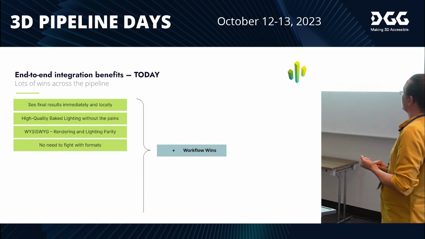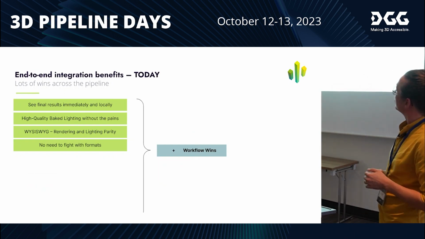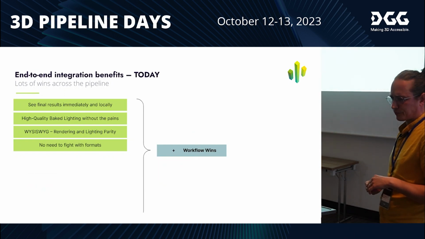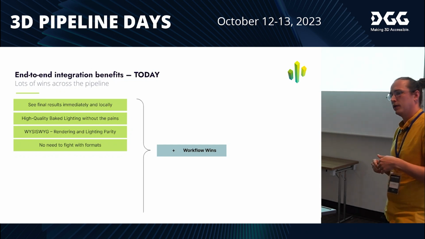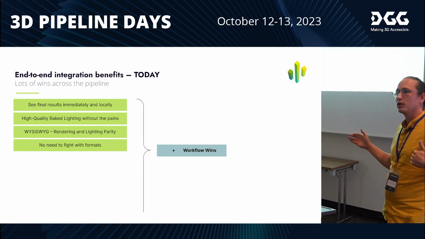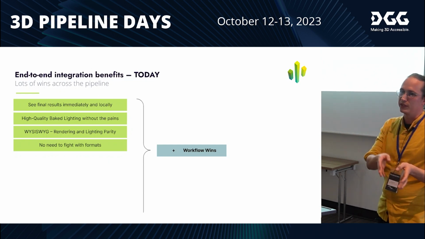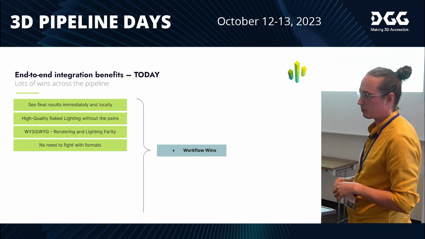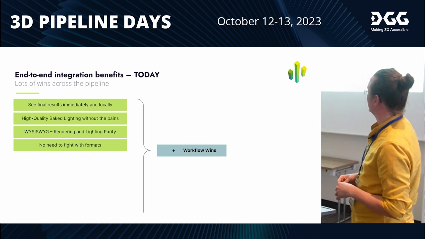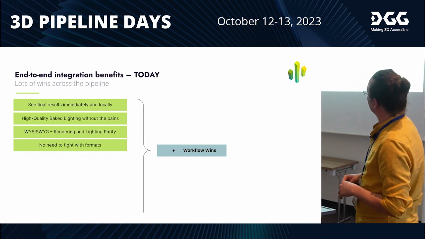So I have a list here of some of the wins that we're seeing from that already, because people need to think about less of this entire technology stack and can instead choose which pieces of that they do a deep dive in and learn more about. Like I already talked about, seeing final results immediately.